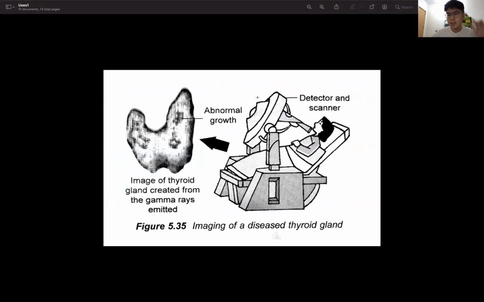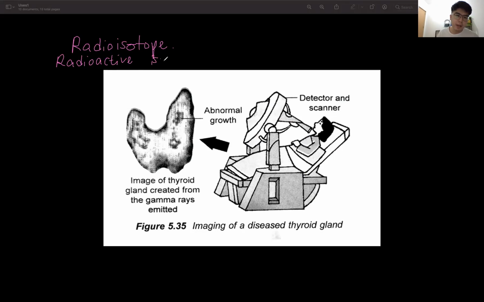What are some of the uses of radioisotopes? Now, first thing, what is a radioisotope? It means radioactive isotopes. What is an isotope again?